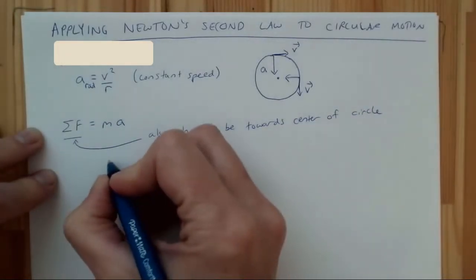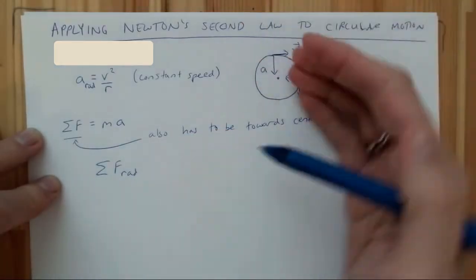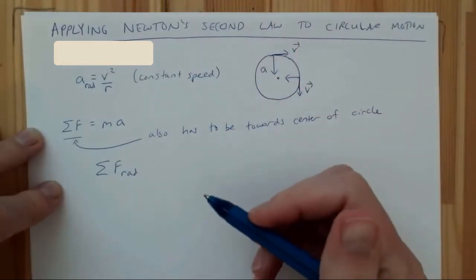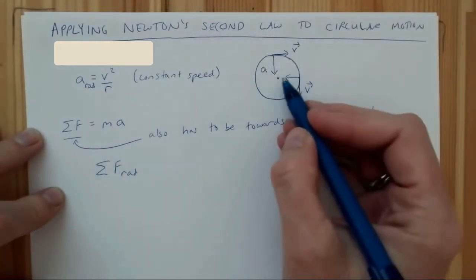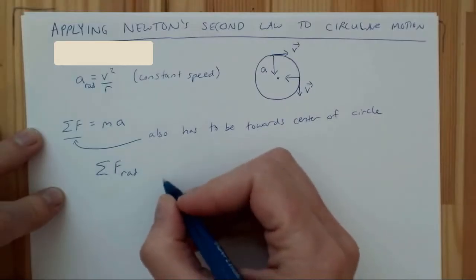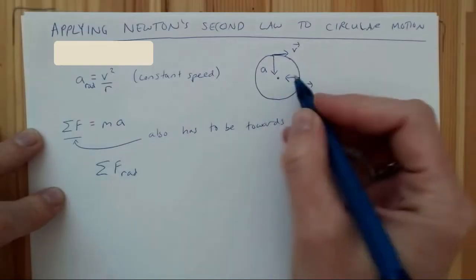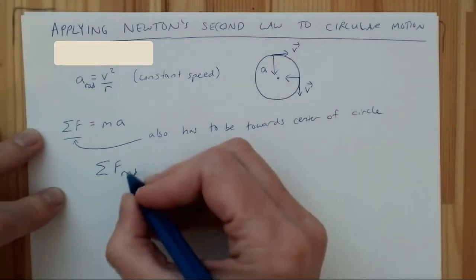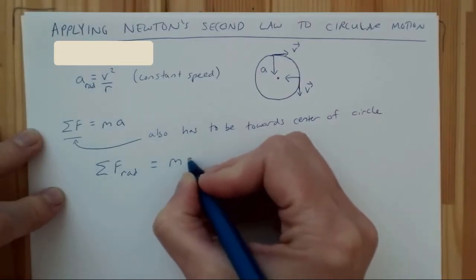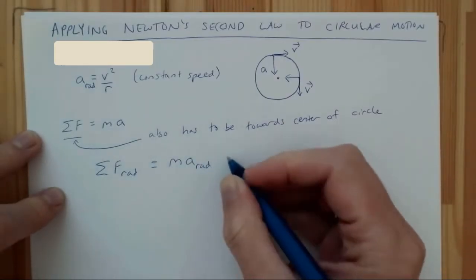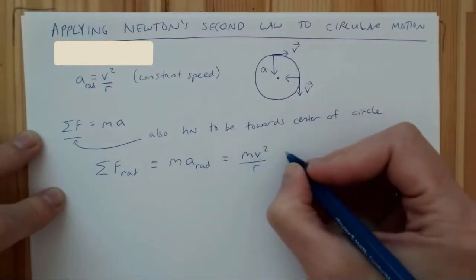And so you can say that the sum of forces in the radial direction, since it's not an x or y direction per se but actually points towards the center of the circle, so you can choose your axes so that one axis, the radial axis, is along the direction of the acceleration. The sum of the forces in the radial direction is going to be equal to the mass times the centripetal acceleration, which is then equal to mv squared over r.